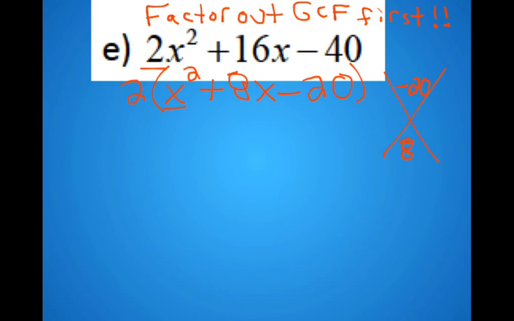So let's think about those numbers. So with a little bit of thought, you'll come up with 10 and -2. And when you do that, you'll have to carry your 2 along for the ride. And then you'll have your x, and you'll have plus 10 and -2. And so that is your final answer.